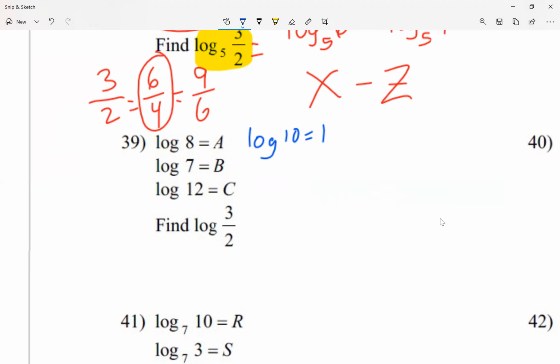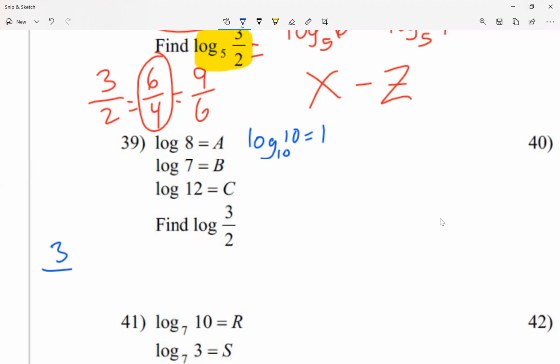Where did the 10 come from? When we don't see the base, we just see log, we don't see a base, the base is always 10. And I mentioned that when we talked about logs last week. So all of these are log base 10. Log base 10 of 8 is going to be A. Log base 10 of 7 is B, and so on. Okay, now 3 over 2.